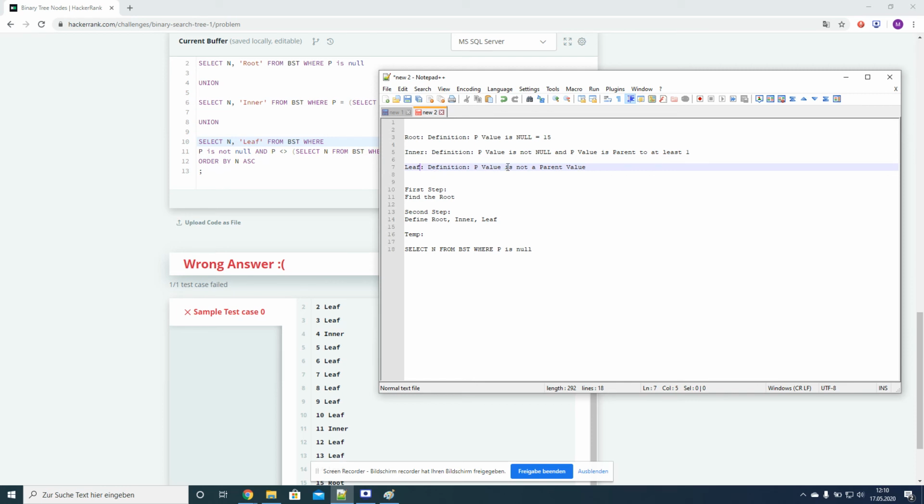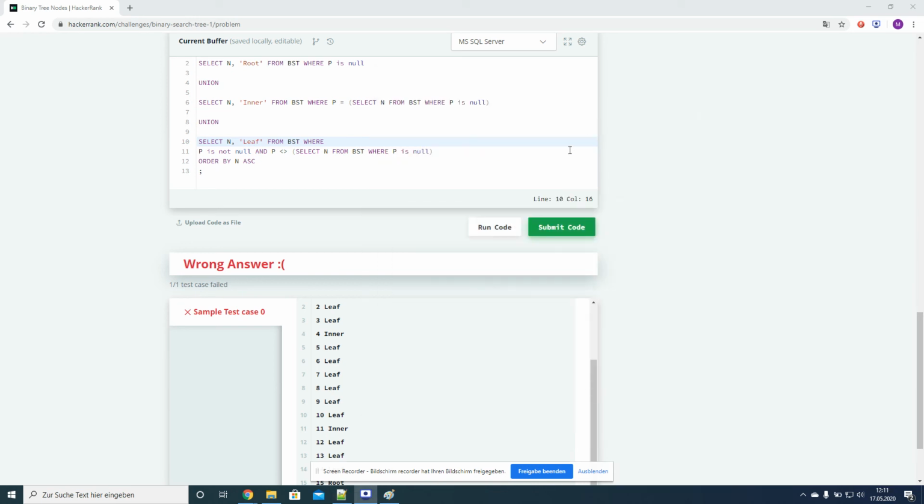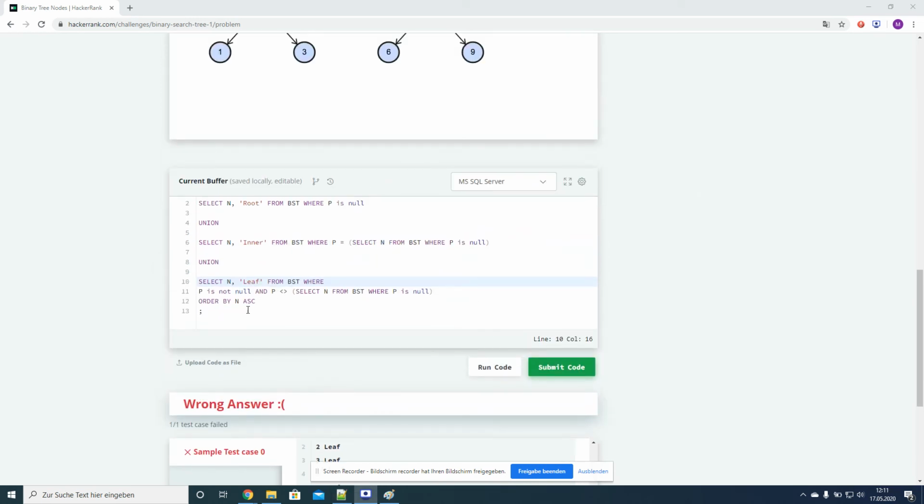That looks like an easier definition because it just has one condition: is not a parent value. So maybe we should get the list of parent values. All the values that are parent to somebody.